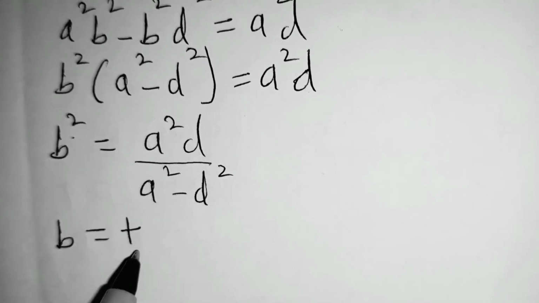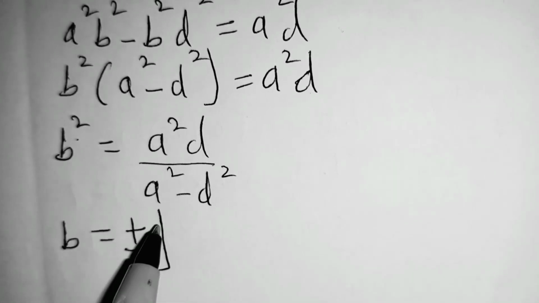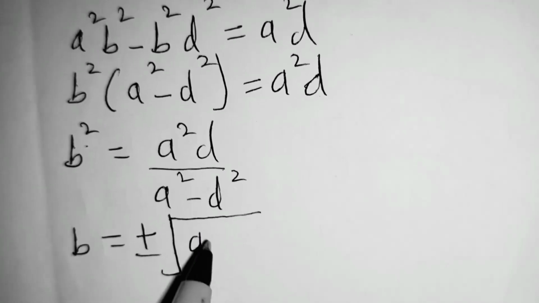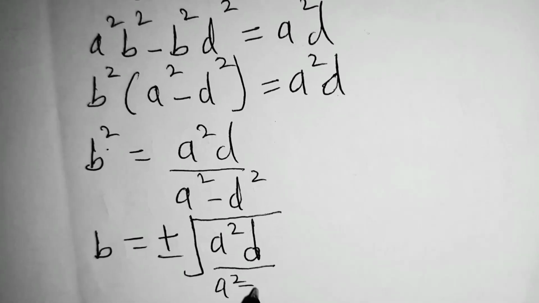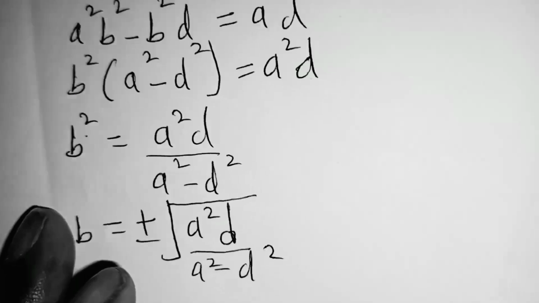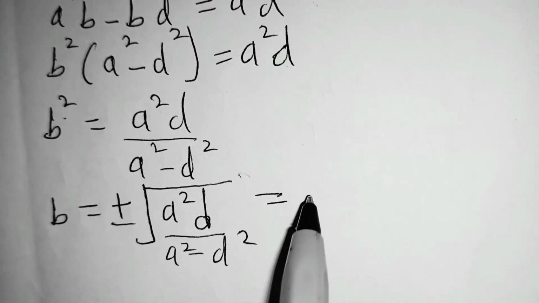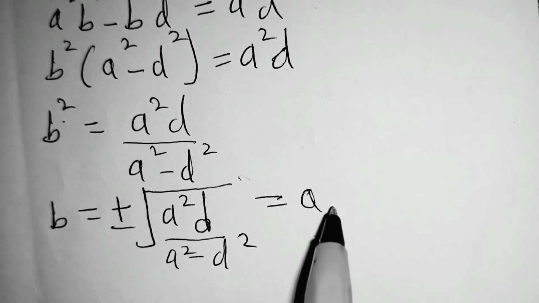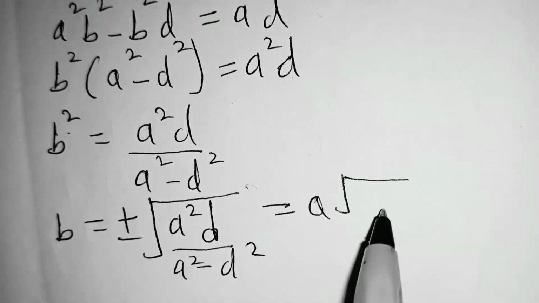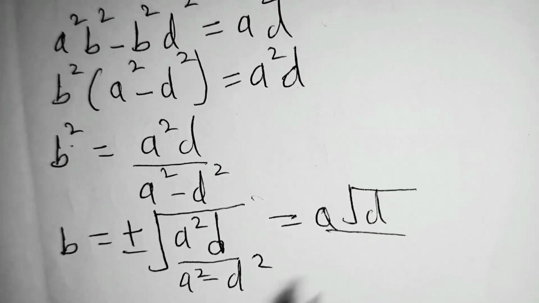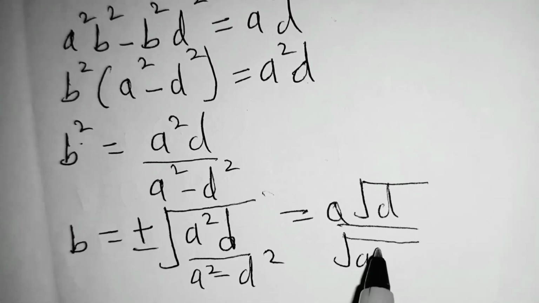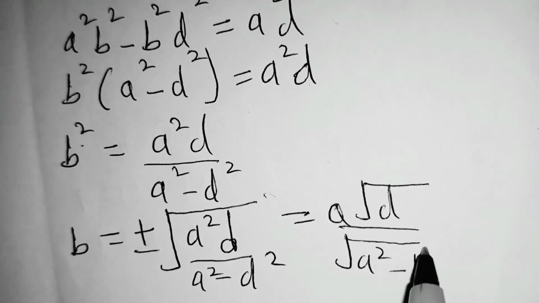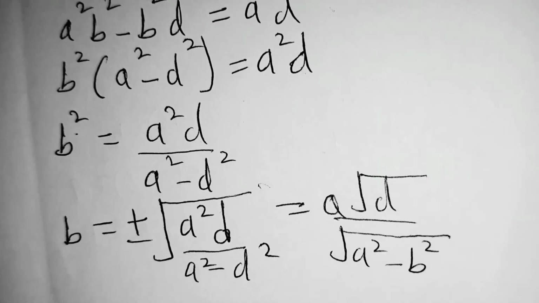Then you will have plus or minus square root of a squared multiplied by d divided by a squared minus d squared, which can be written as a, square root of d divided by square root of a squared minus b squared. So that is how you can make b the subject of the formula from the given equation.